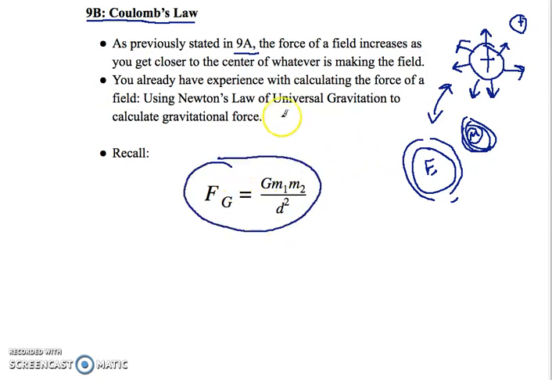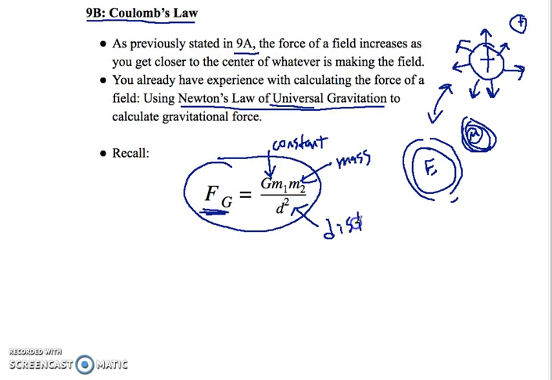This is Newton's universal law of gravitation. It describes how strong the force of gravity is as a result of the interaction of that gravitational field. Remember that big G was a constant. You had the two masses, and then d, which was the distance between the two objects.